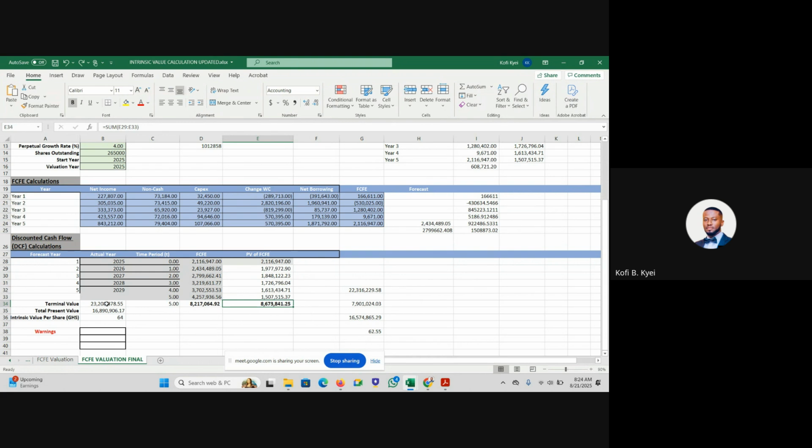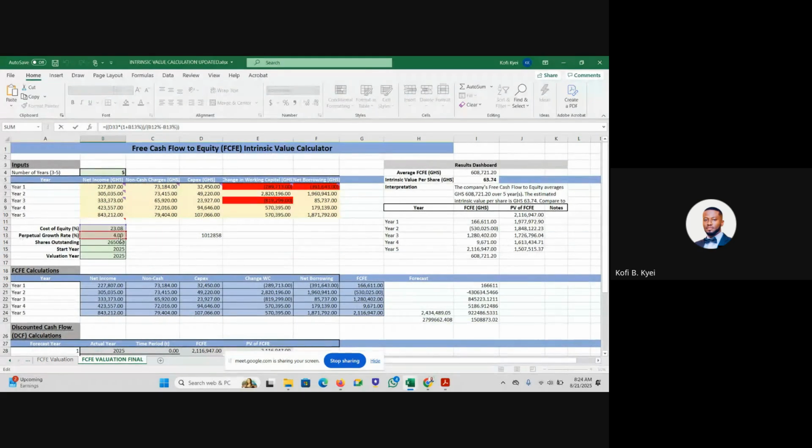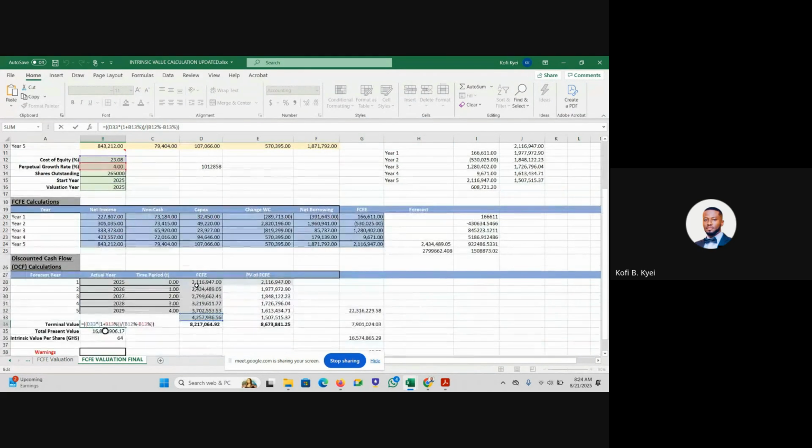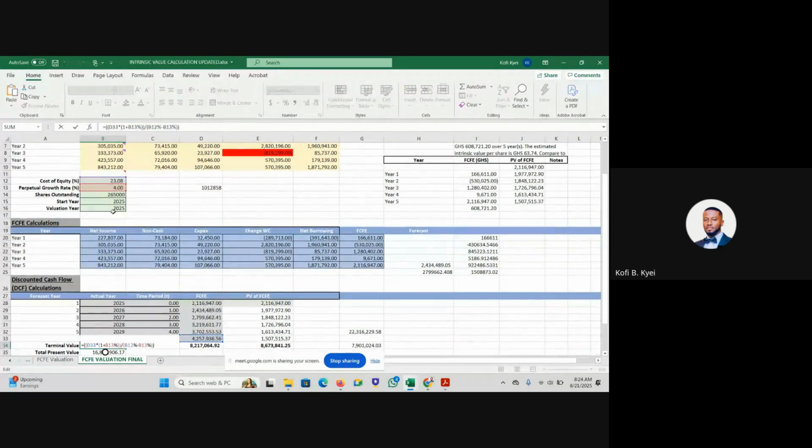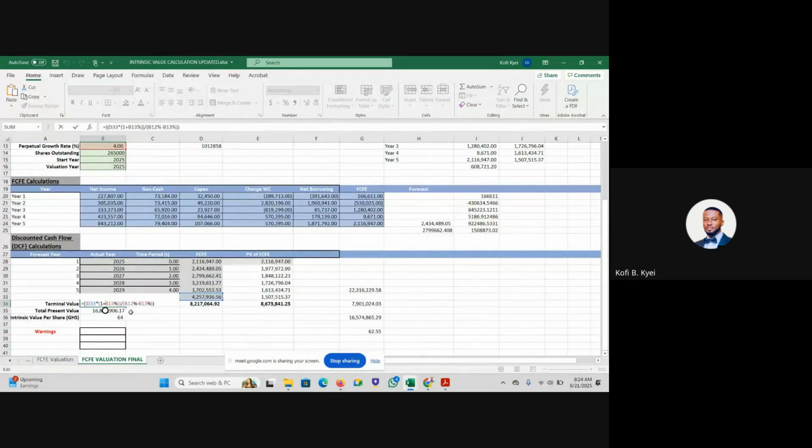Now, we move to the terminal value. That is the perpetuity value. With that one, D33 is the forecasted free cash flow. B13 is the perpetual growth. B12 is the cost of equity.